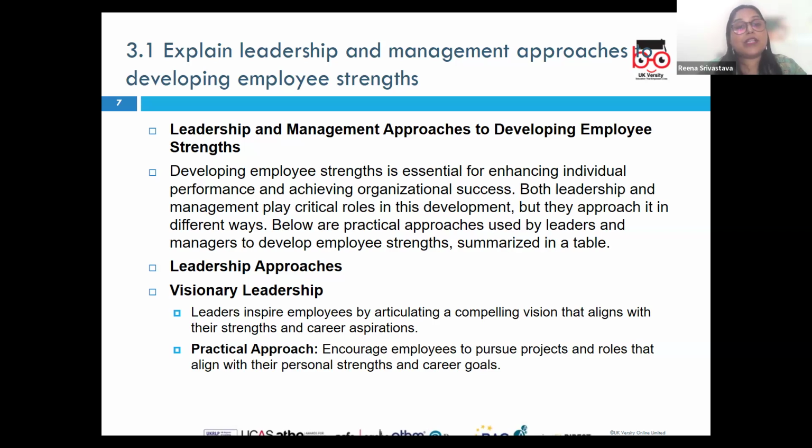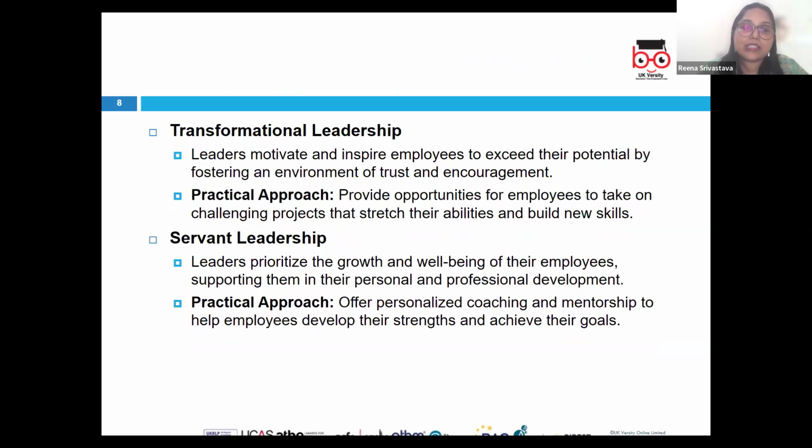Fostering a supportive culture. Sometimes the leaders create a culture which nurtures employee strength by celebrating diversity of skills. And this can only be possible if there is a supportive culture, if collaboration and cohesion is encouraged in the organization.